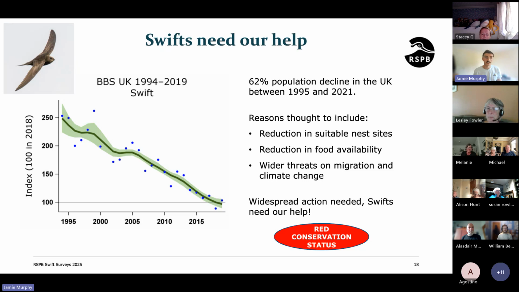We can't link that for certain because the science isn't there yet, but we've got a good reason to believe that. And also, they've got a very long migration every year, and we know that weather patterns are becoming more unpredictable. We're getting more extreme weather, so that could potentially mean that swifts struggle on their migration in some years. So all of this means they're red listed birds in the UK. One of our priorities for conservation.